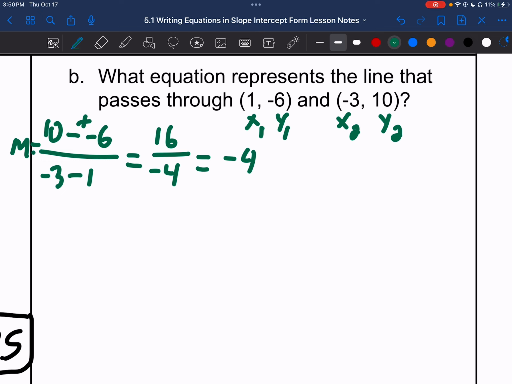And now we can substitute that in, and we're going to use one of our 2 points, doesn't matter which one. So I'm going to select the second point this time.